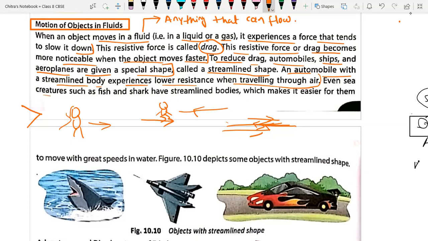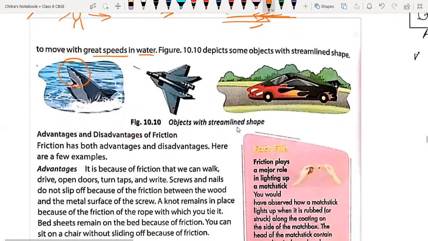Even sea creatures such as fish and sharks have streamlined bodies, and birds also, which makes it easier for them to move with greater speed in water. So that shape is very important for aquatic animals.